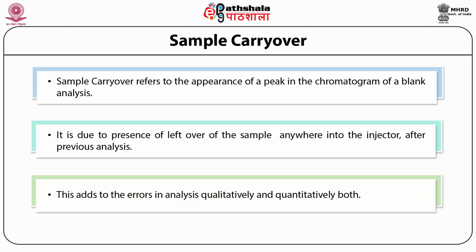This sample-laden needle returns to the needle seal and disposes the sample for analysis. As the needle comes into contact with the needle seal, the sample remaining on the needle surface is also transferred to the surface of the needle seal, which appears as a carryover in the next analysis.